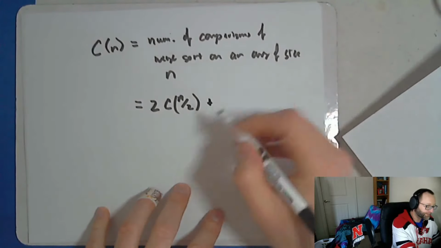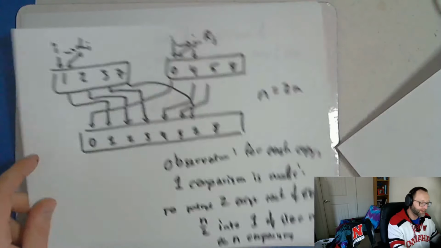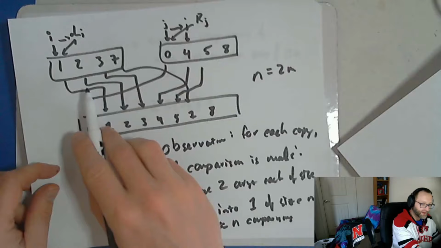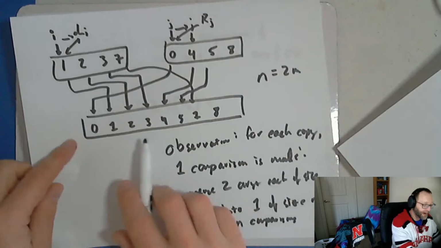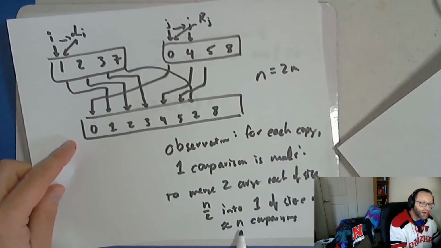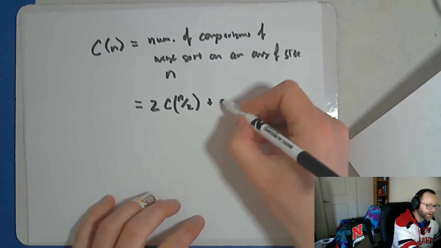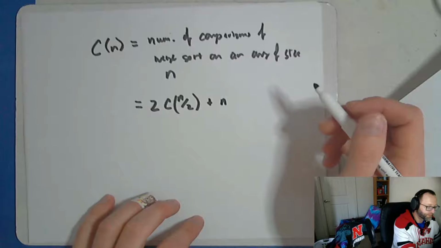Right? Plus, we're going to be doing this merge operation when we come back from it. Remember that merge operation, if we divided it into one that's of size n divided by 2, and one that's of size n divided by 2, and combine it into one of size n, we end up doing n comparisons. Actually, n minus 1, because we'll get away with at least one comparison. But I'll go ahead and leave it like this, right?